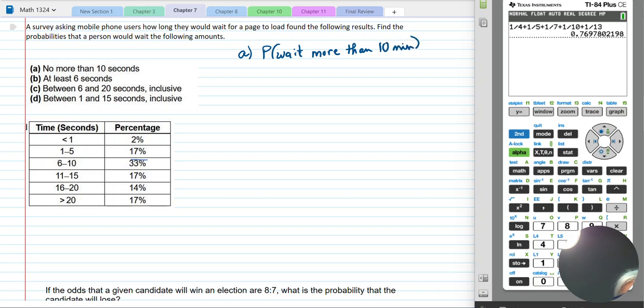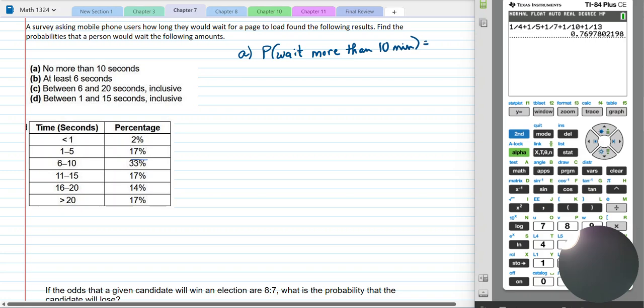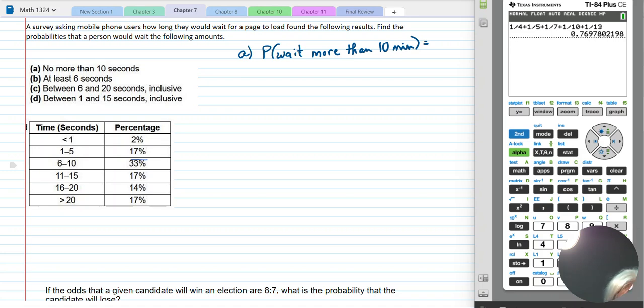So let's look at our table now and figure out what we have. We have less than a minute is 2% of the people would wait for a page to load. 1 to 5 is 17, specifically, because these are all groupings of categories. In other words, they could wait 2 minutes, 3 minutes, and all the way up to 5.